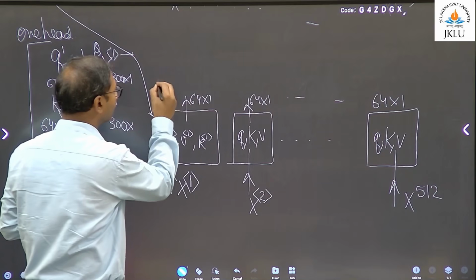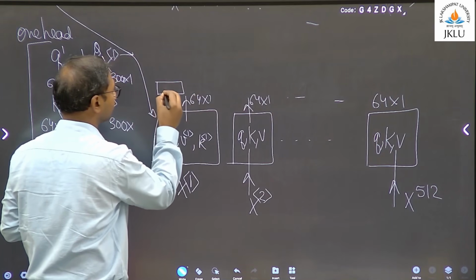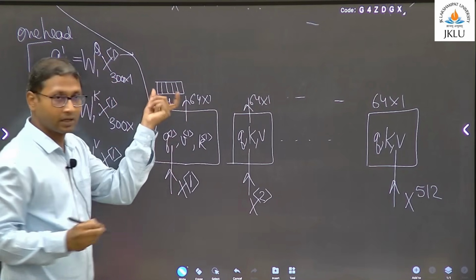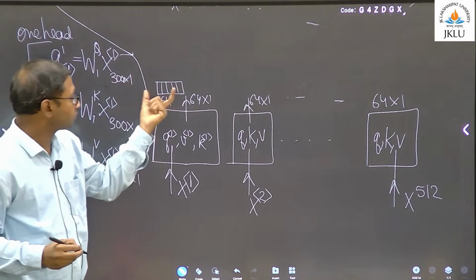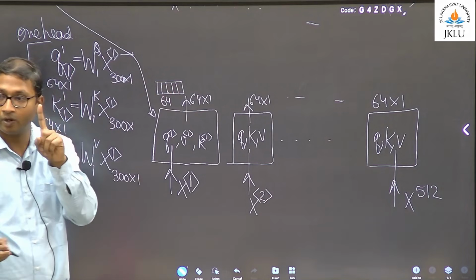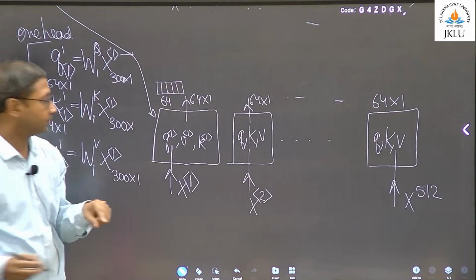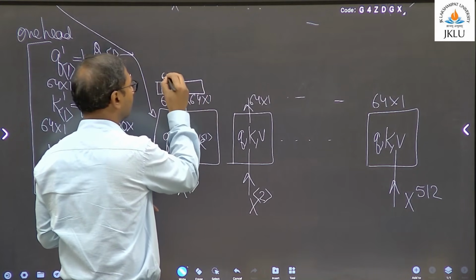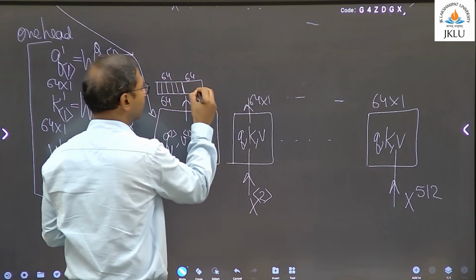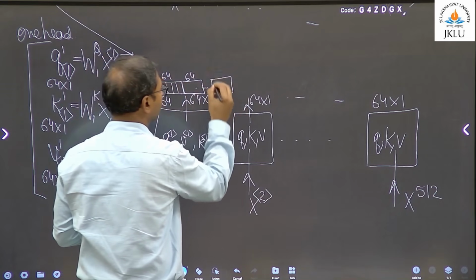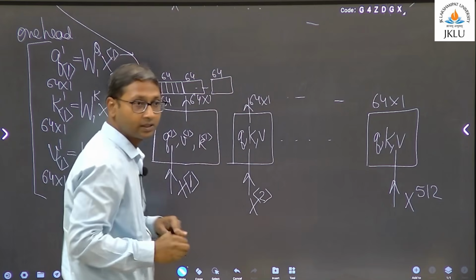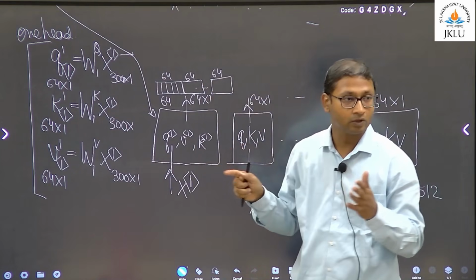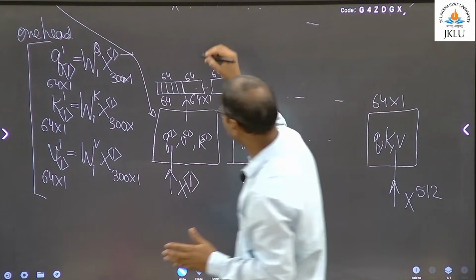So each block will give you a 64 dimensional vector, I have rotated it. Okay. So this will be 64 numbers coming from one head. Then you will have 64 coming from second. You will have 64 coming from the 8th one. So 64 cross 8 gives you 512. So that is my 512 now.